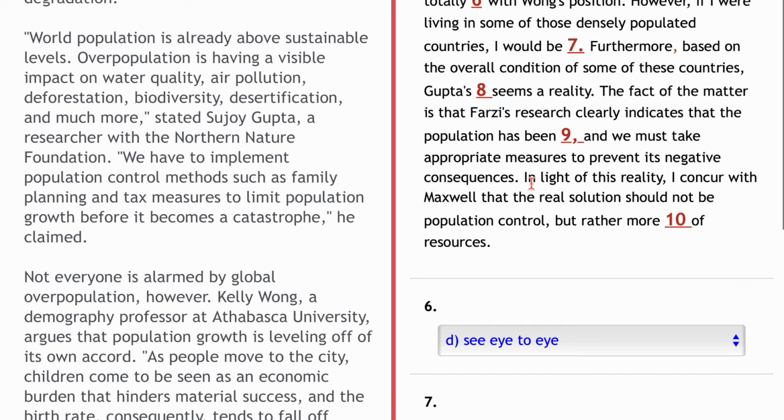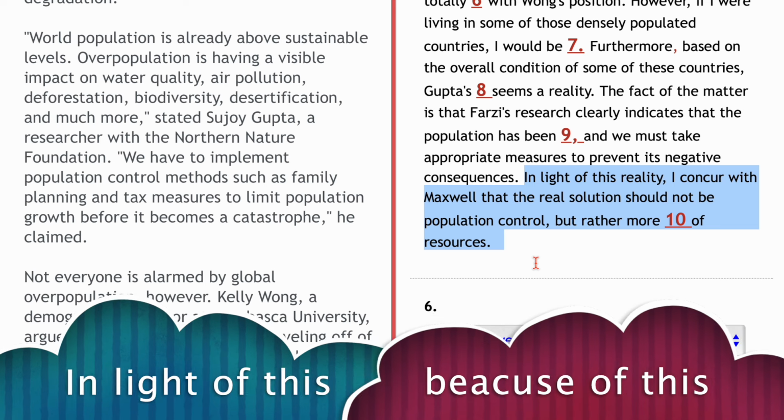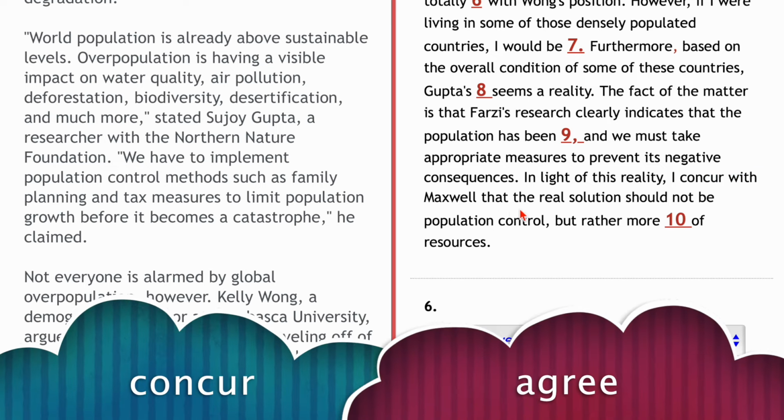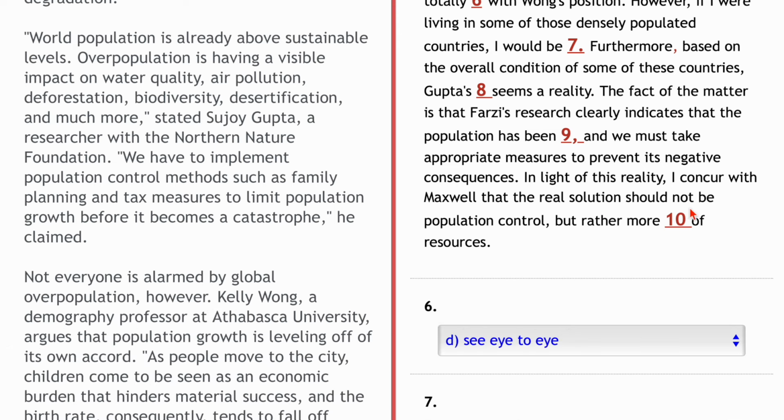So what about the last one? In light of this reality, so because of this, I concur with, agree with Maxwell that the real solution should not be population control, but rather more tending of resources.